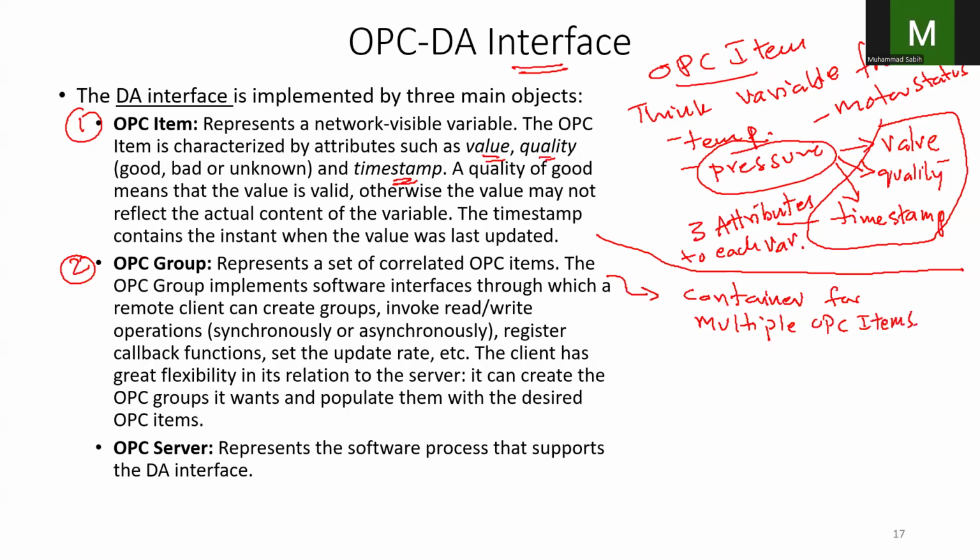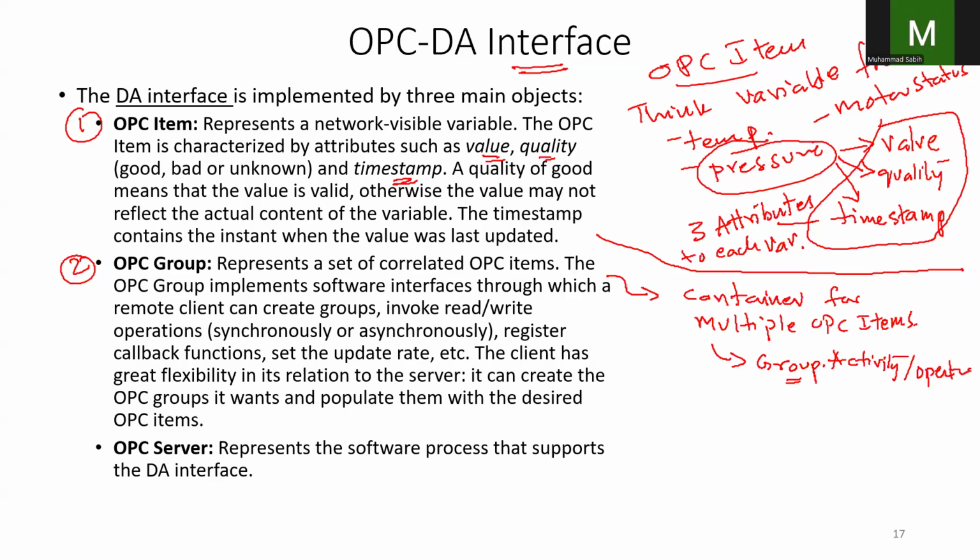It allows the client to organize the items for batch operations. For example, you can read or write a group of items together and set their values. So we can do a group activity or operation.